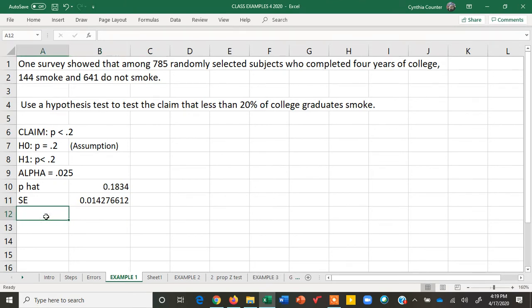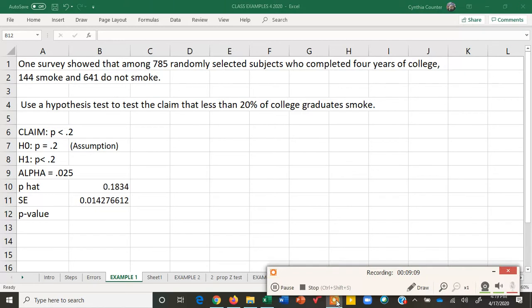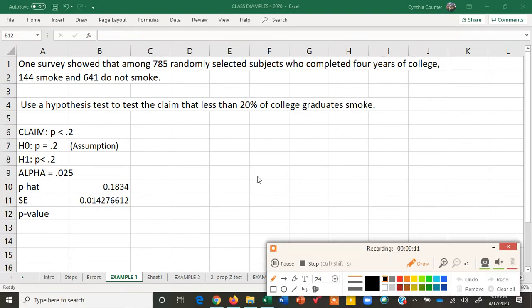Once we know p hat and SE, we are ready to compute our p-value, which is the probability of being in the tail as defined by the 0.18. So let me go ahead and draw another picture so that you can see. So here's our null. This is our sampling distribution. Our null is here, that p equals 0.2.